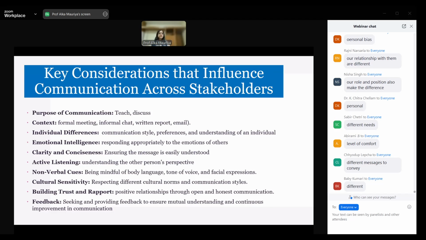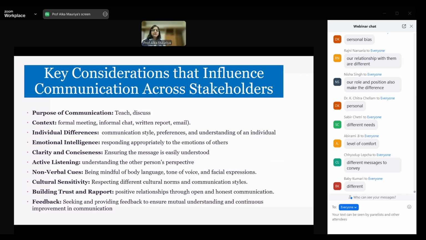One can be the purpose of communication, as some of you have also mentioned in the chat. If the communication is happening in a class wherein we are interacting with the students, we'll be communicating in a different way, because there we are communicating to impart some learning to the students.